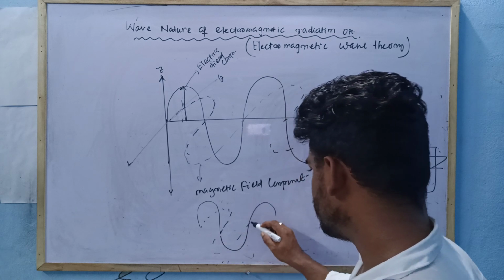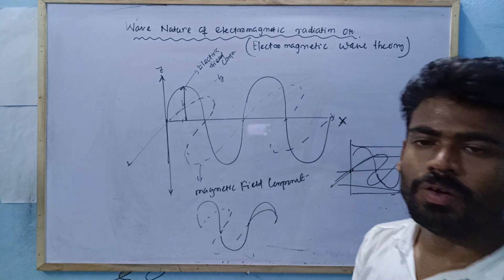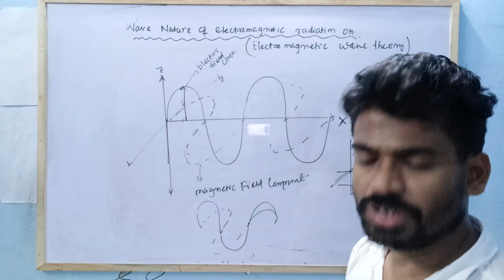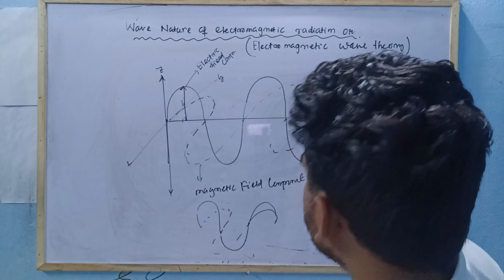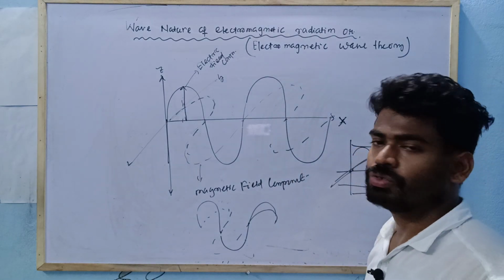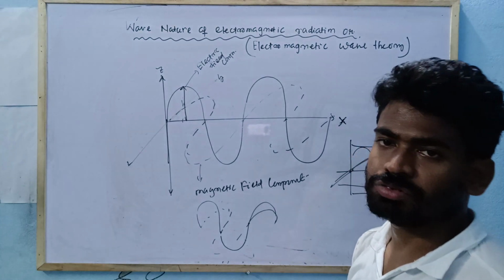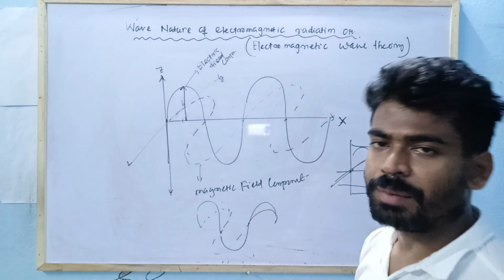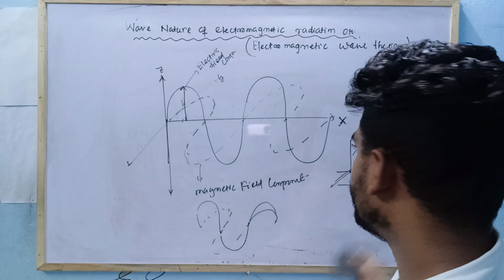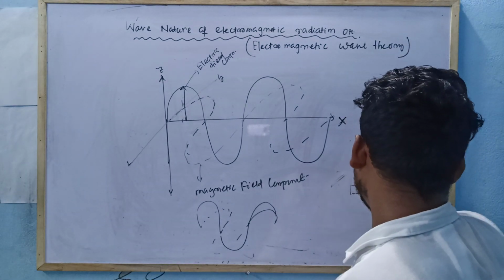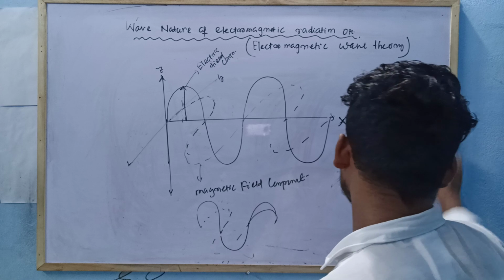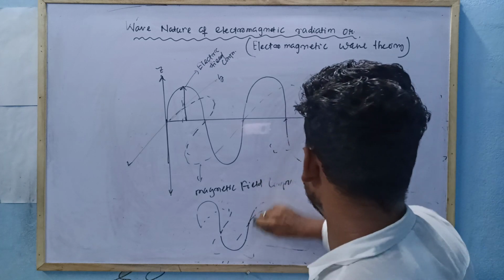These two are perpendicular to each other and to the direction of their propagation. Since this is a wave, you know the parameters of a wave: it must be associated with wavelength, velocity, frequency, time period, all these things. Let us discuss the parameters of the wave nature of electromagnetic radiation.